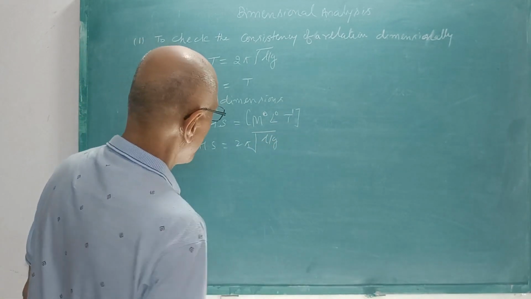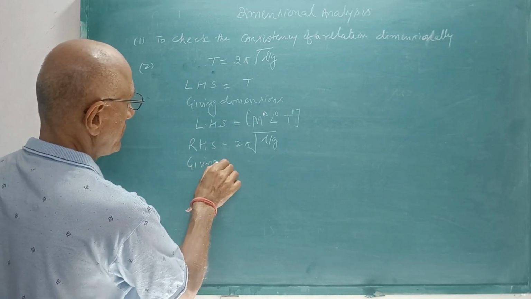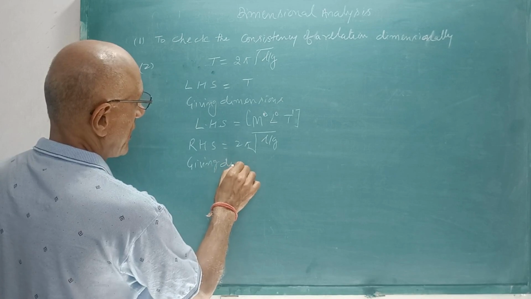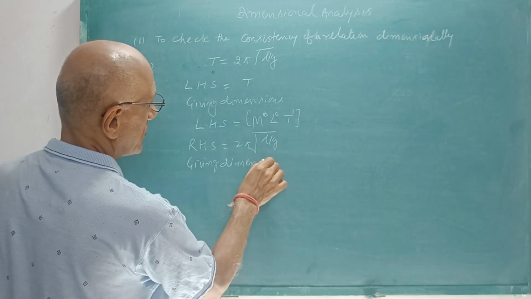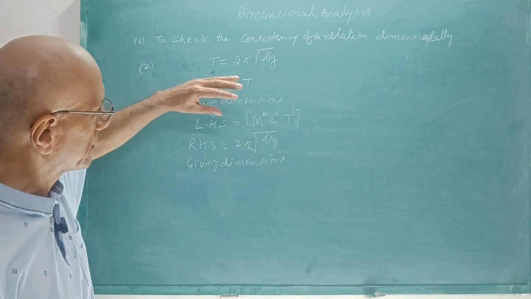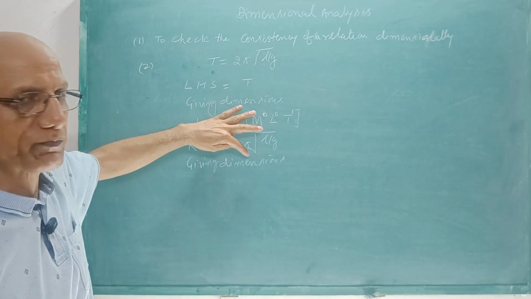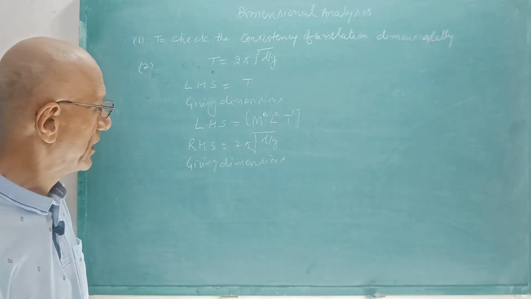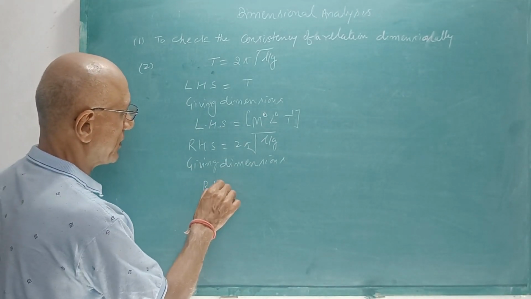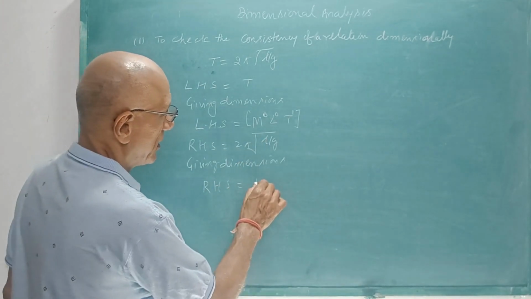Now the right hand side RHS is equal to 2 pi under root L by G. Again giving dimensions, this 2 is a constant, so it is dimensionless. This pi is also a dimensionless constant.